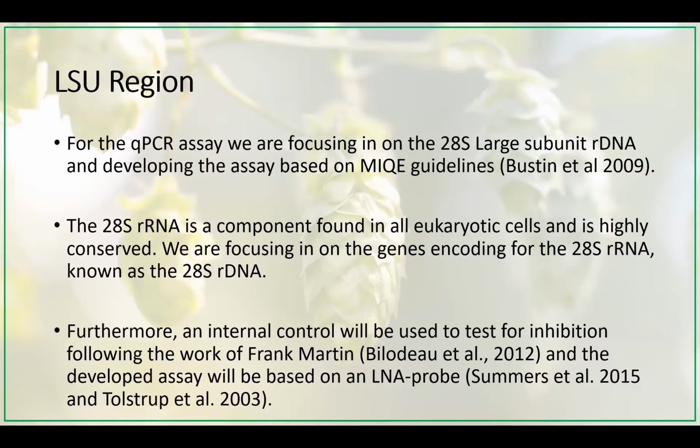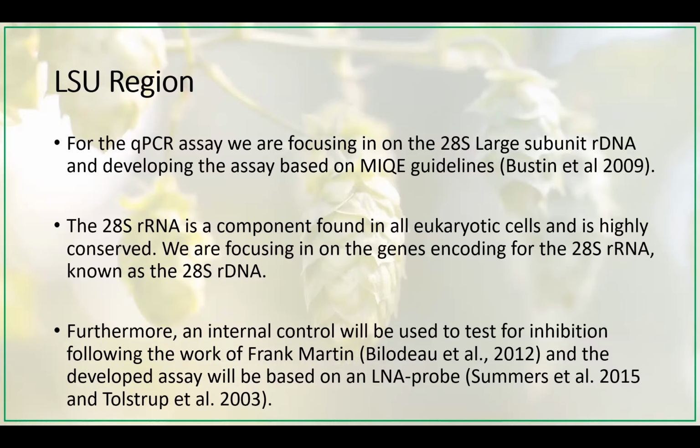So we were hoping there wouldn't be a lot of sequence variation in hop powdery mildew, and we're focusing in on the genes encoding for that 28S rRNA, which is known as the 28S rDNA. Furthermore, we'll be using an internal control for testing inhibition following the work of Frank Martin. And the developed assay will be based on an LNA probe to help increase specificity.